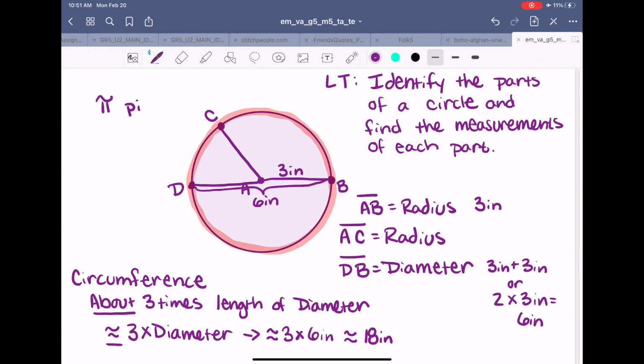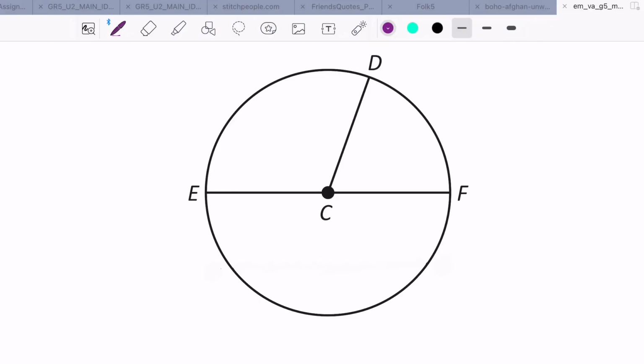So the value of pi is 3.1415 and goes on forever and never stops and never repeats. Most of the time we refer to it as 3.14, but in 5th grade we're just going to think about it as about 3 because if we rounded 3.14 we would get 3.